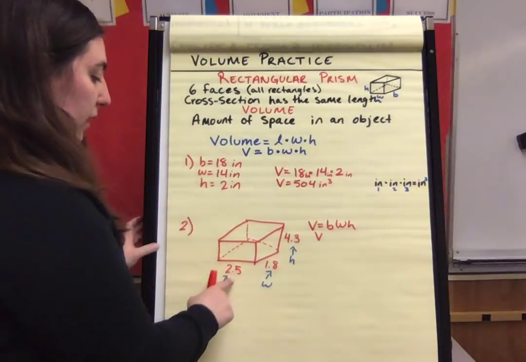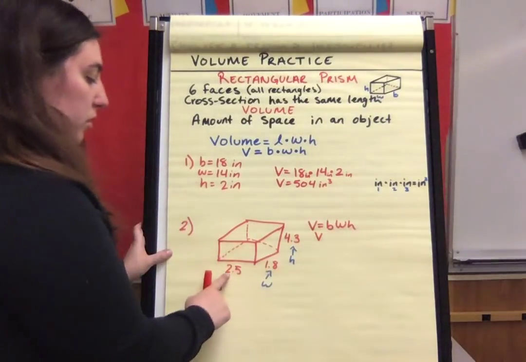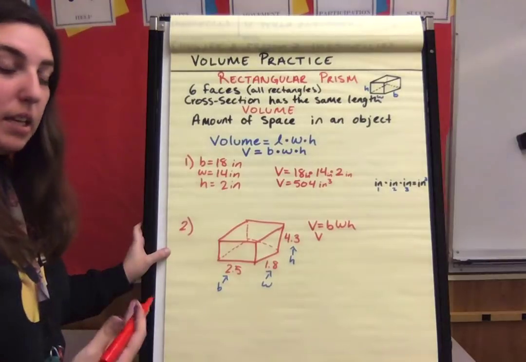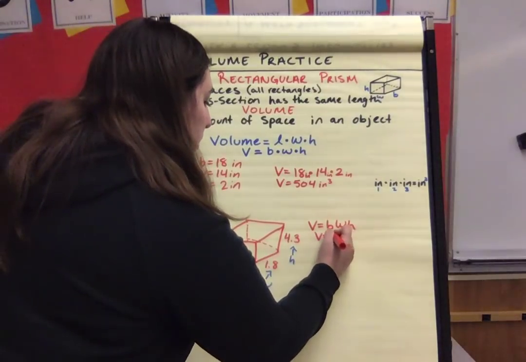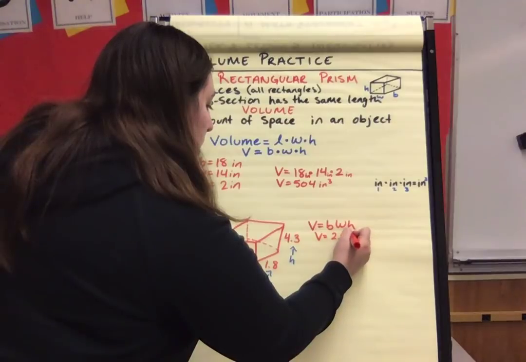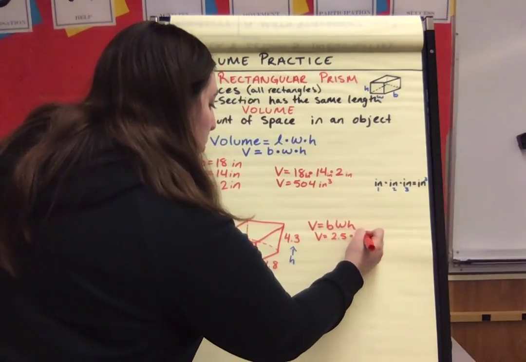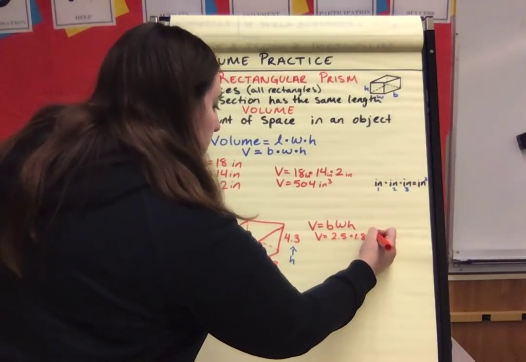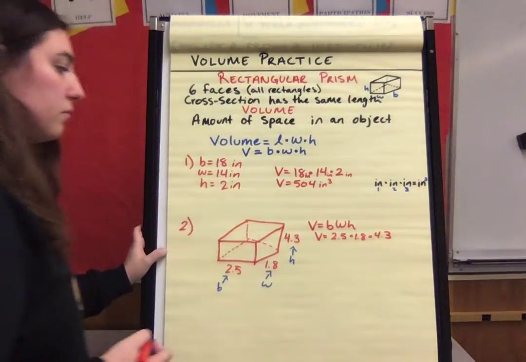And I'm going to replace each of these variables with the numbers that it equals. So volume equals 2.5 times 1.8 times 4.3.